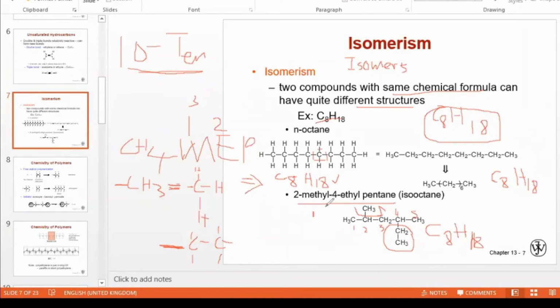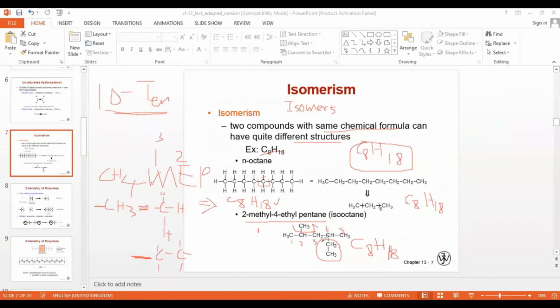So we are not going to call this sample octane. Why? If you take the name, methyl means 1 plus ethyl means 2 plus, I'm just talking from the name, 2-methyl, meth means 1, plus 4-ethyl.